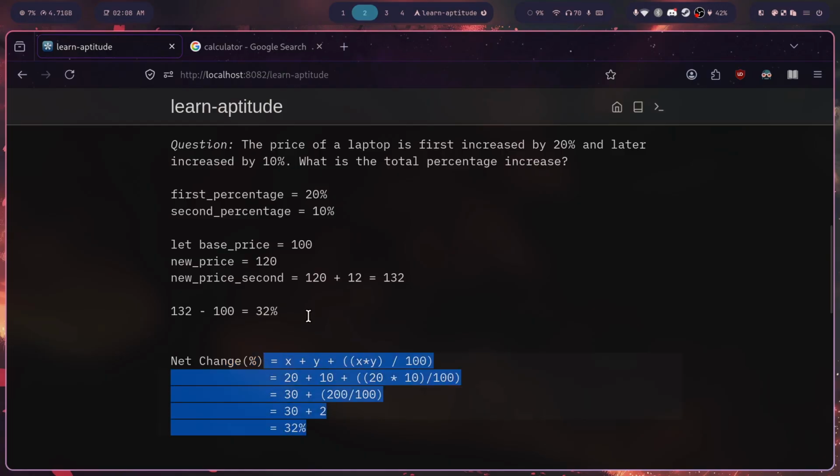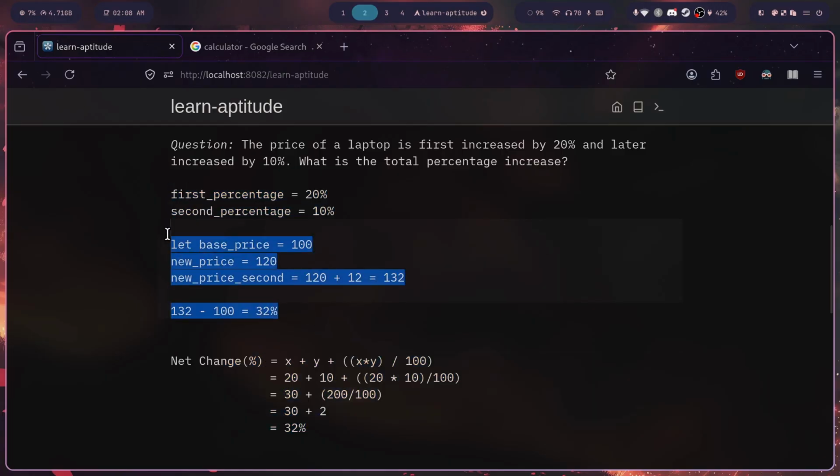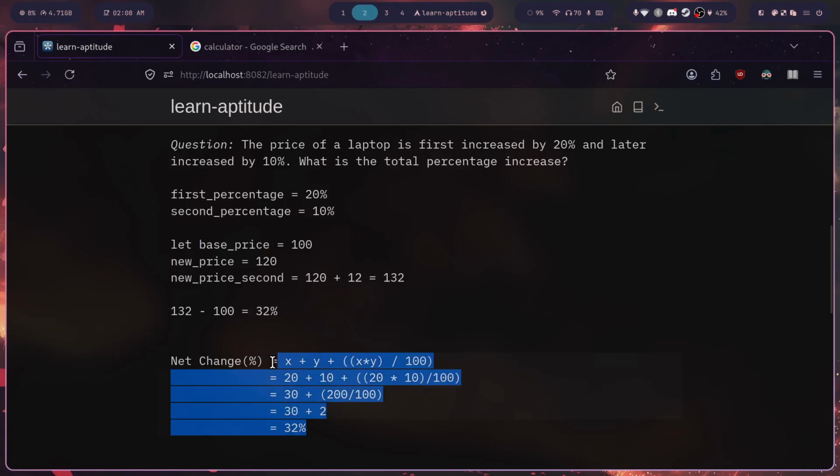It's the same thing we deduced from the logic, by assuming the base price. We got the same thing from this formula also. The values of x and y are signed based on whether you're increasing or decreasing.